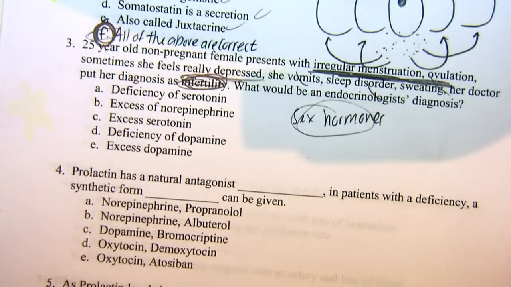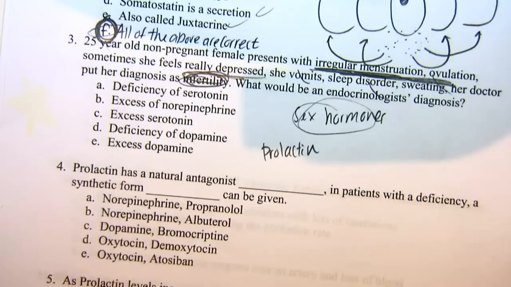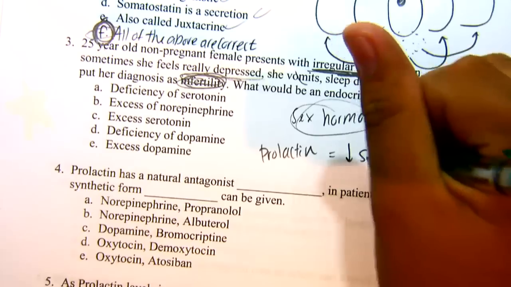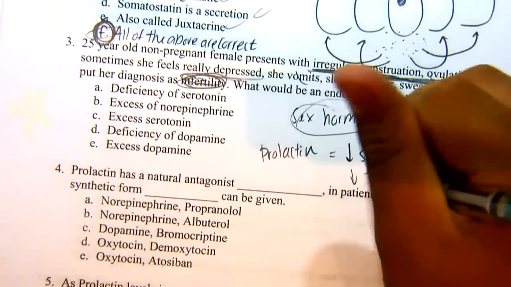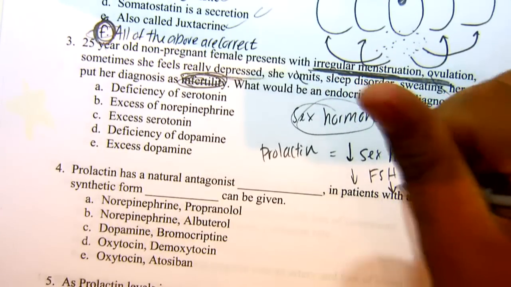With the sex hormones, we have what's called prolactin in females. What prolactin does is when it's in excess, it'll decrease our sex hormones. It'll decrease FSH, and it'll also decrease growth hormone.